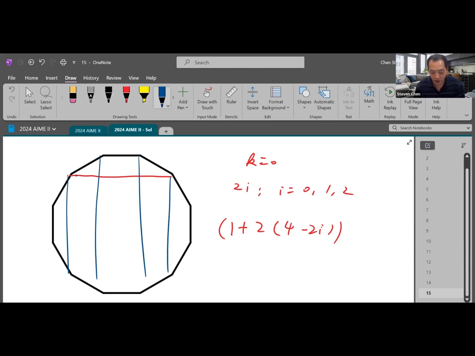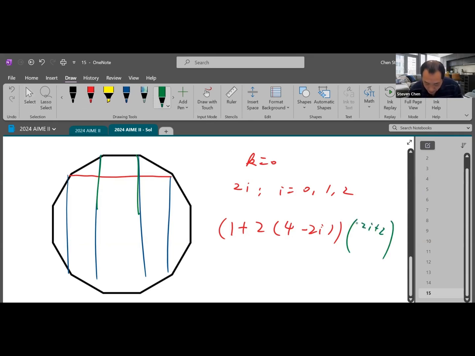And if i is equal to 0, we can only have the 2 middle vertical lines. So the number of possible choices here is 2i plus 1, right?